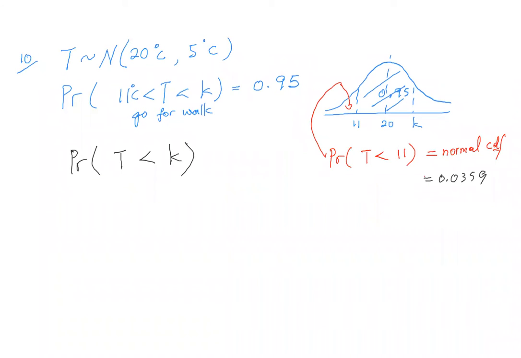This probability will be equal to 0.0359 plus 0.95, which gives 0.9859, correct?